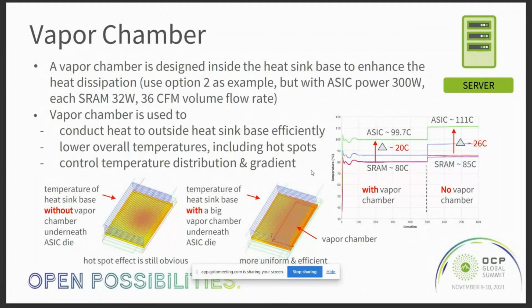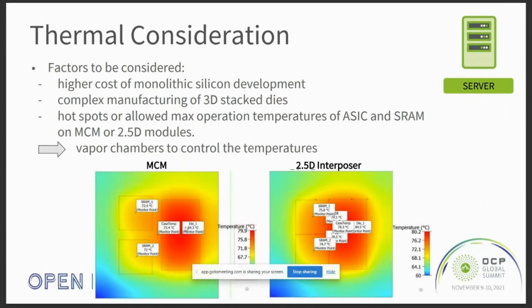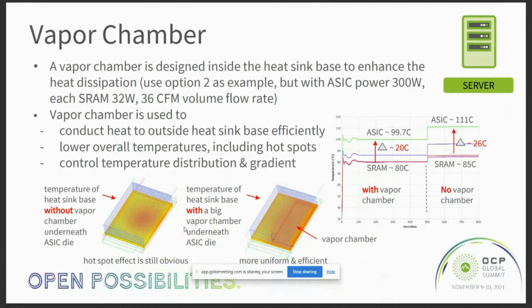So we decided to use the vapor chamber. If you look at the bottom two images, the left one is without the vapor chamber. You can see that the red color is concentrated at the right side. Let me show you this one. Here you can see there's a hotspot, a higher temperature concentration at the right side.